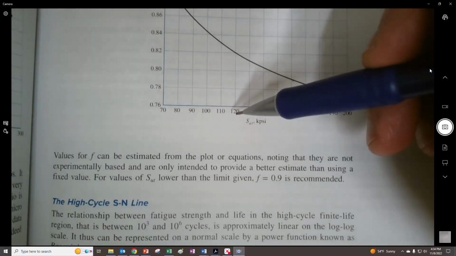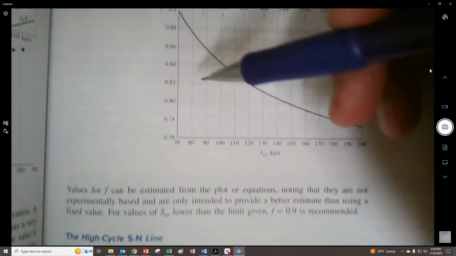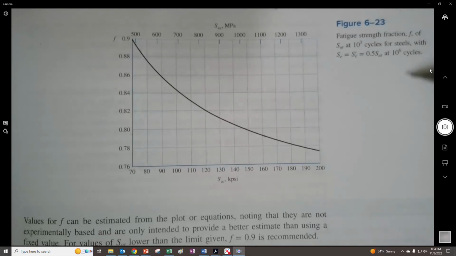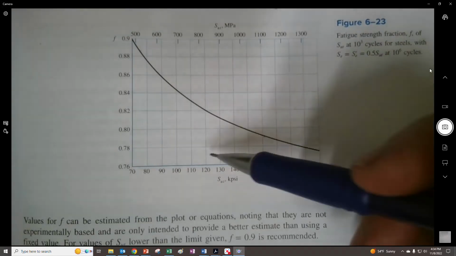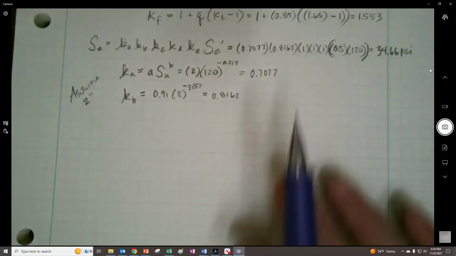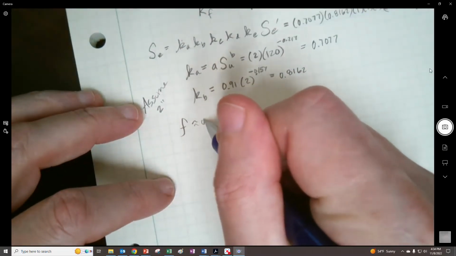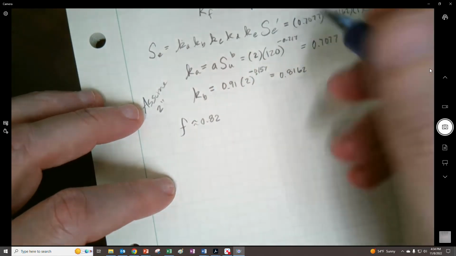Oh, nice. Look at that. 120 comes to 0.82 right there. So that's figure 6-23 in the 11th edition. 120 is 0.82. So f is approximately 0.82. Not just approximately, it looks really close.